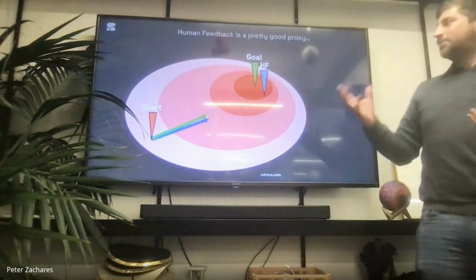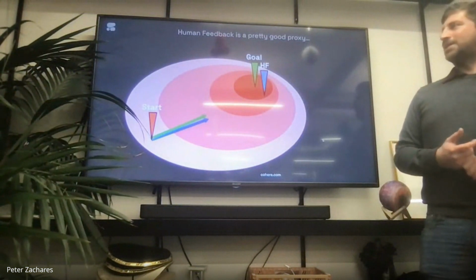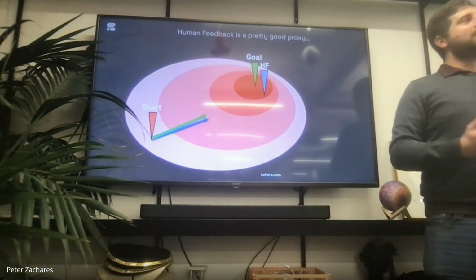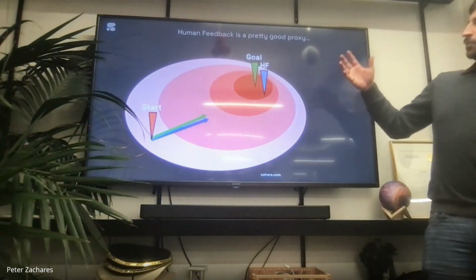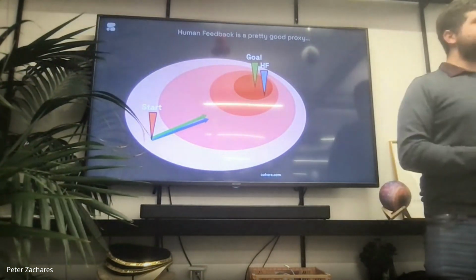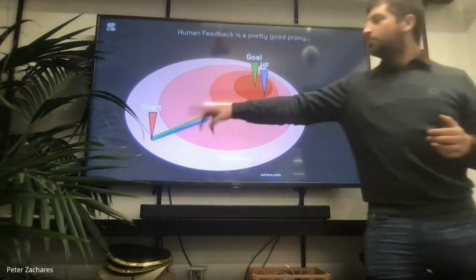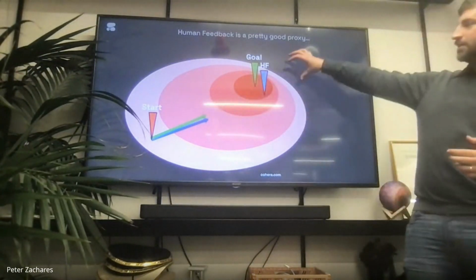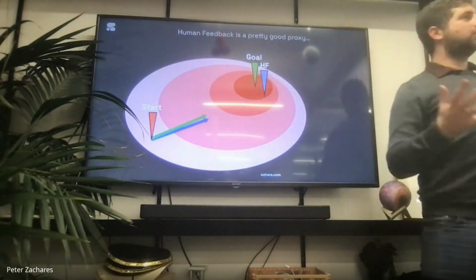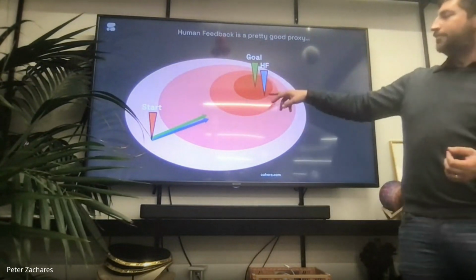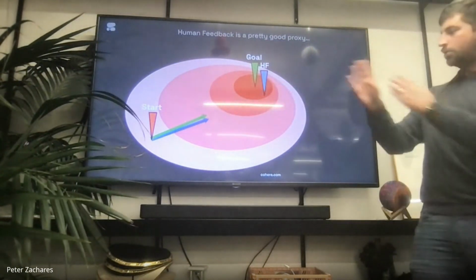And so one hypothesis we came up with as a result of this work, and which we're starting to explore, is that we think human feedback is a pretty good proxy. Initially, a year ago, model performance was somewhere here. We're moving in the direction of this true North Star goal that we want to optimize for, and human feedback gets us somewhere close. And so we're on the right trajectory.